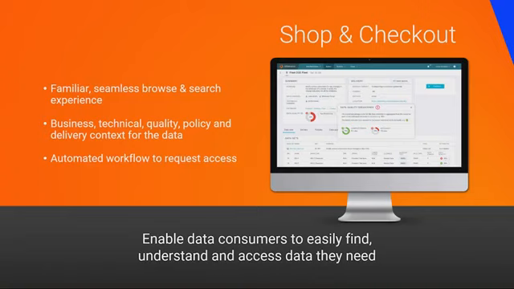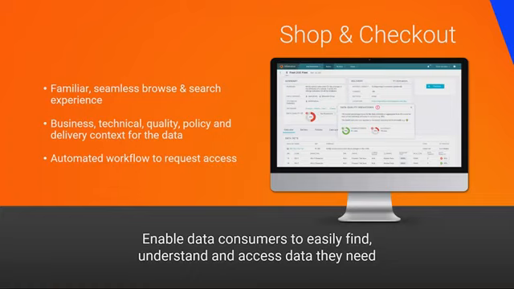And then Marketplace gives them all the information they need to make an informed consumer decision, if you will. Understanding the quality of that data, understanding its business and technical content, understanding the policies that control the usage of that data, understanding how they can get that data.